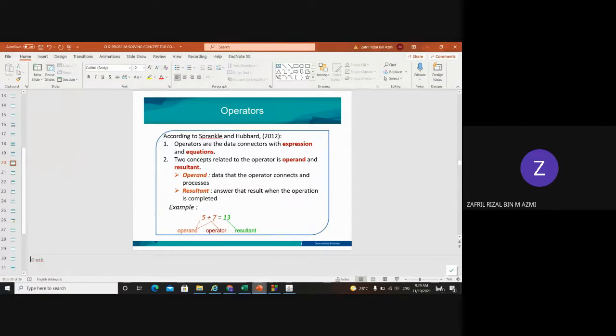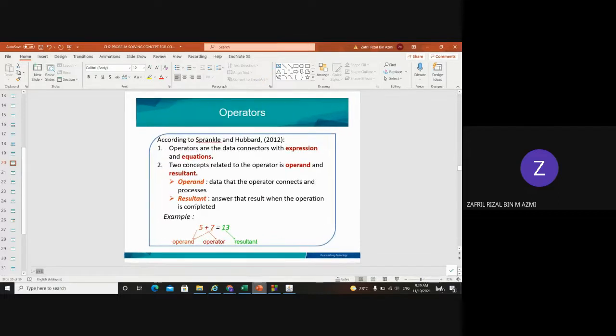So you will get something like this. If you put A plus B equal to C, the meaning is totally different. So this is what operand, operator and resultant are.